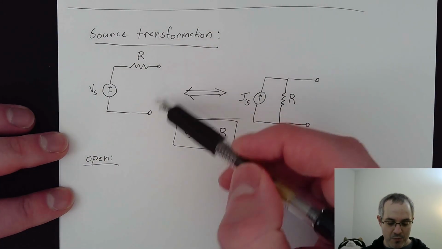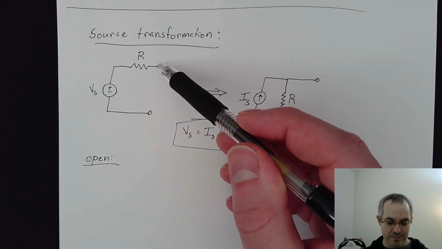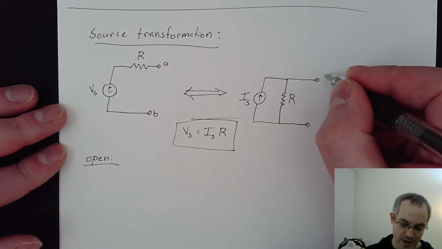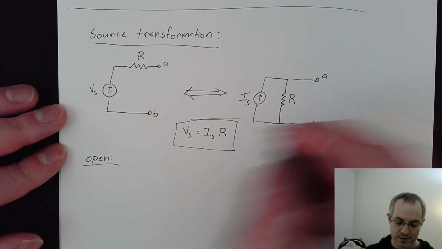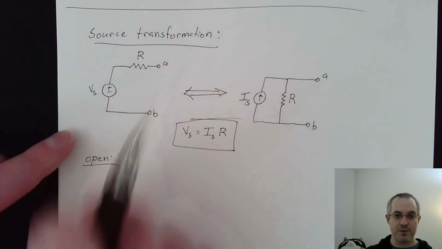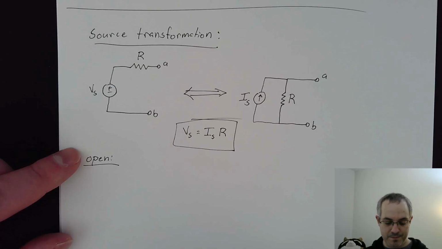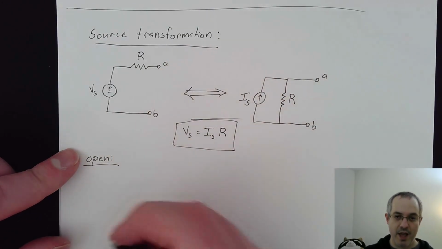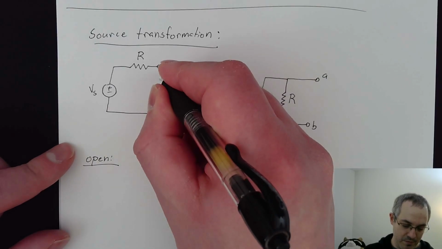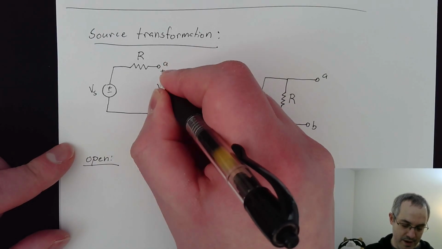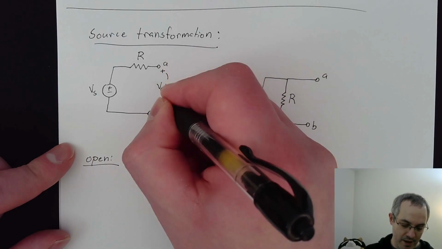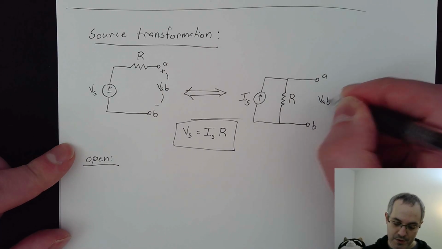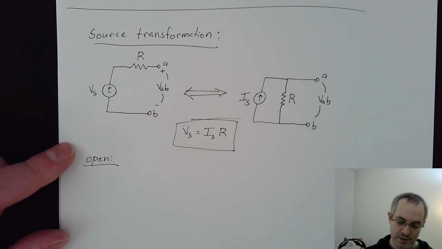So if we leave it open, meaning we don't connect anything from there to there, we can call this end A and this B, and this is A and B, and this is all connected to whatever other stuff in between there. Same as that. We could say that there's some plus, minus, there's some voltage VAB, and there's some voltage VAB here. The voltage of A relative to B, VAB.